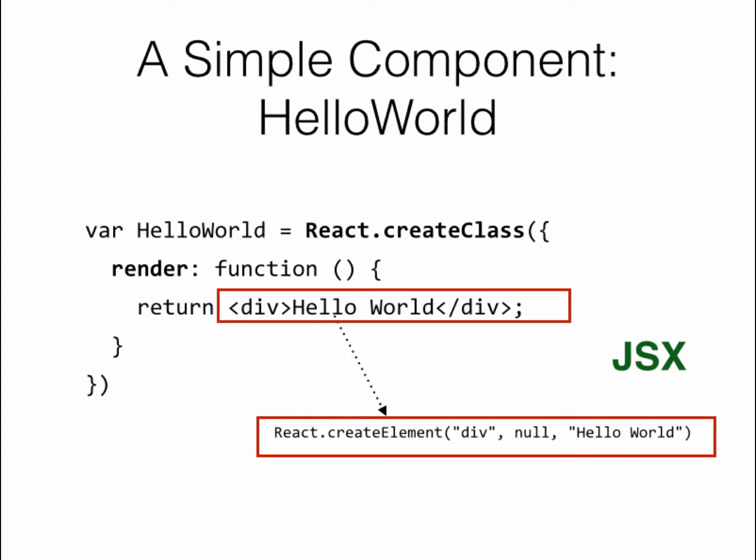It basically takes those div tags that you are accustomed to from HTML, but they are not HTML tags. It is actually sugar for a function call. So if you write div in angle brackets, it behind the scenes generates React.createElement with div, null, and hello world. So this is completely optional.